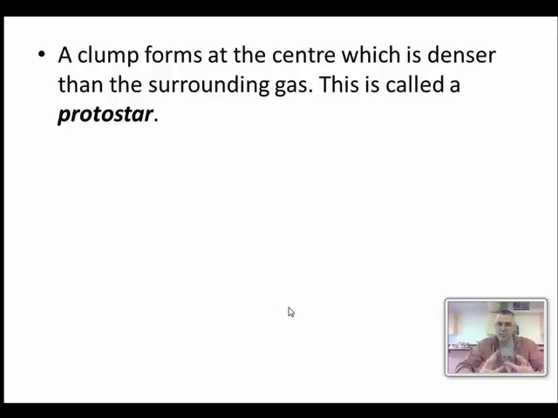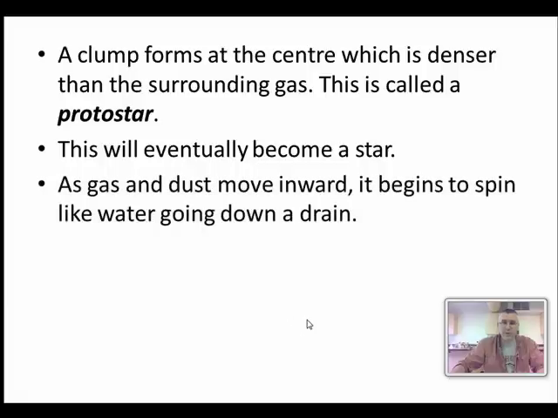So if there's a clump that starts to form, that gets more mass, which then has more gravity, which then brings more stuff in, and eventually it starts to heat up because of all the stuff piled in, and we call that a protostar. So it's kind of an embryo star, if you will, which will eventually become a star. And what happens is, the more stuff builds up on it, the more gravity it gets, the more stuff it pulls in, and as it pulls it in, it starts to spiral like water going down a drain.